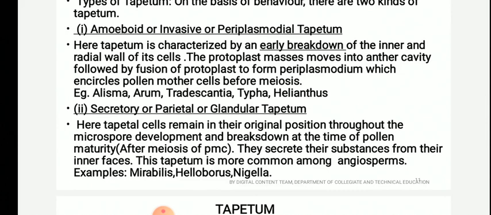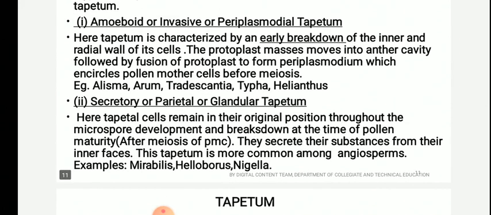So basically we have to understand that both the amoeboid tapetum and the glandular tapetum will break down. But depending on the exact time it breaks down, we have classified it into amoeboid, which breaks down early, before the division of the pollen mother cell. If the tapetal cells break down to nourish the pollen mother cells, then it is called amoeboid.